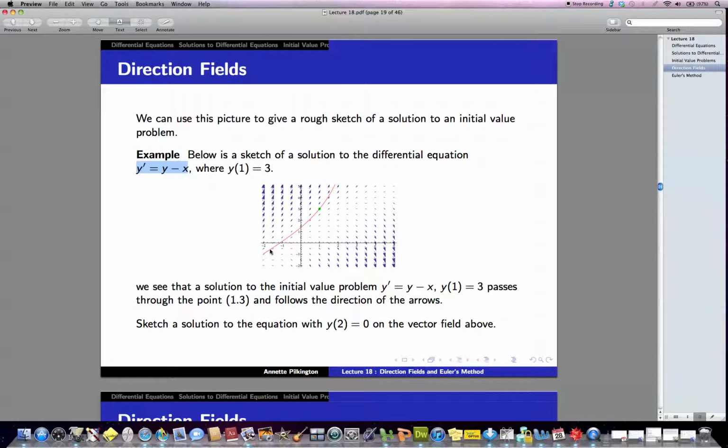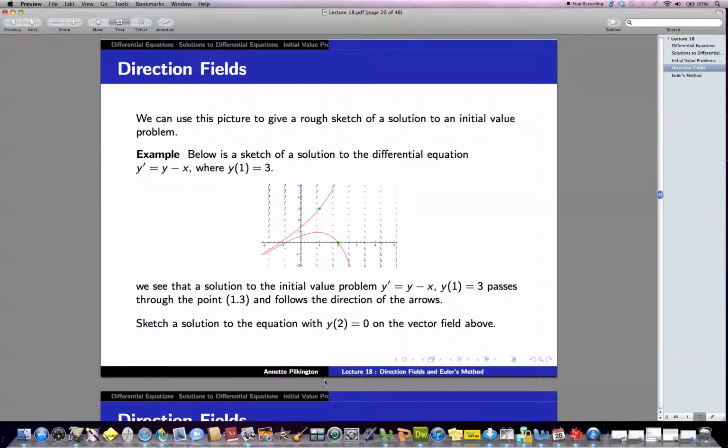So this gives us a method for sketching a solution. We draw the direction field, we pick the initial point, and we figure out where the arrows are going, and that gives us a sketch of that solution which passes through that particular point. Suppose I were to take the point 2, 0, and I wanted to sketch the solution to this differential equation y prime equals y minus x, which passes through that point.